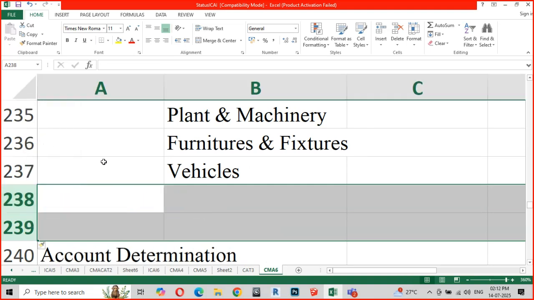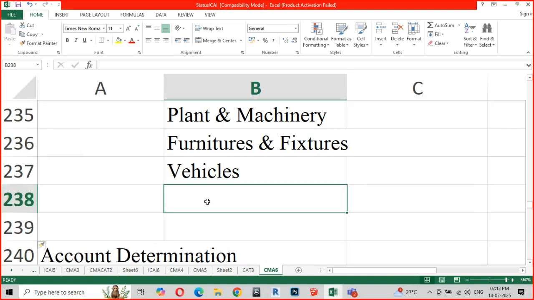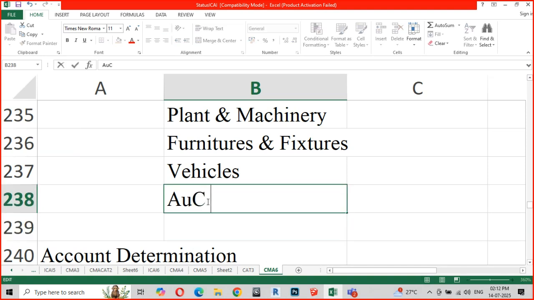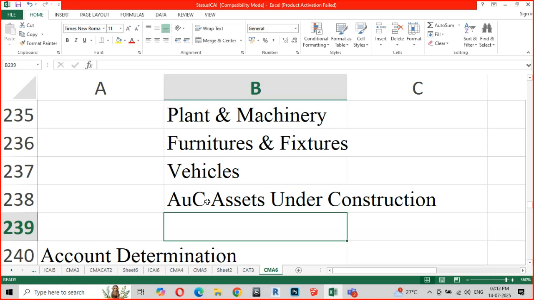Also, something very interesting: there is a special asset class delivered in SAP called assets under construction.